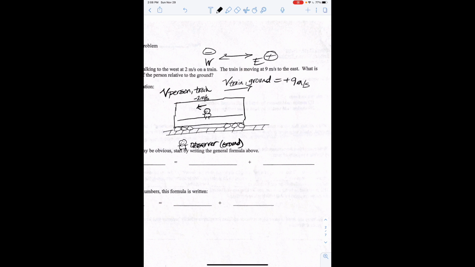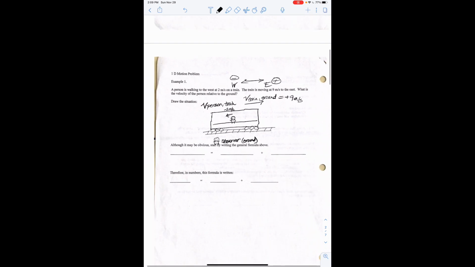So you might say, if I was standing there watching this train pass, and this person was walking to the left at 2 meters per second, but the train's moving to the right at 9, then it would make sense to me that the person is still moving to the right, albeit at a slower speed, maybe at 7 meters per second, because 9 minus 2 is 7. And that's correct. So the person on the train has a velocity relative to the ground of 7 meters per second to the right.